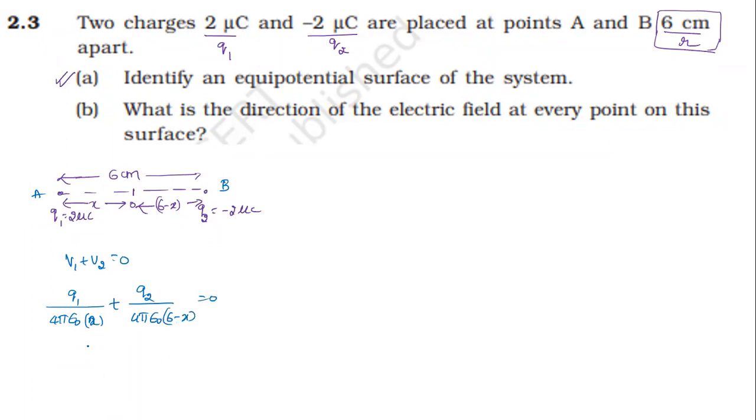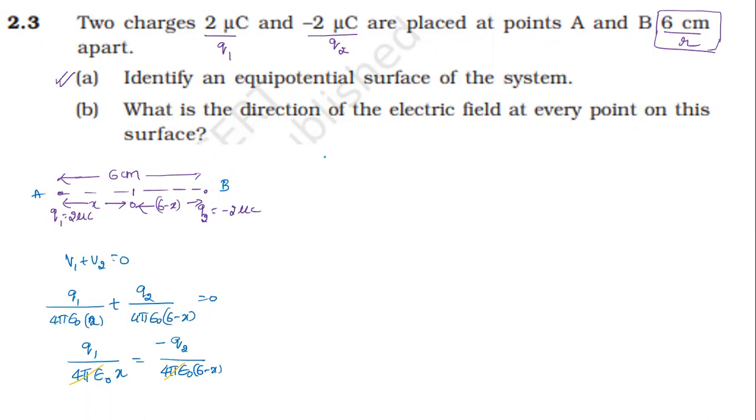Sending to the right hand side, Q1 by 4 pi epsilon naught x equals minus Q2 divided by 4 pi epsilon naught into 6 minus x. We cancel 4 pi epsilon naught on both sides.